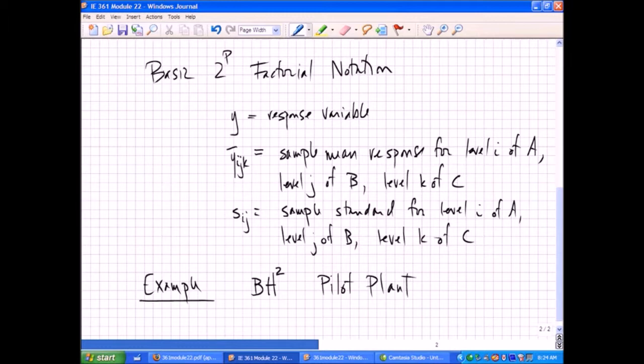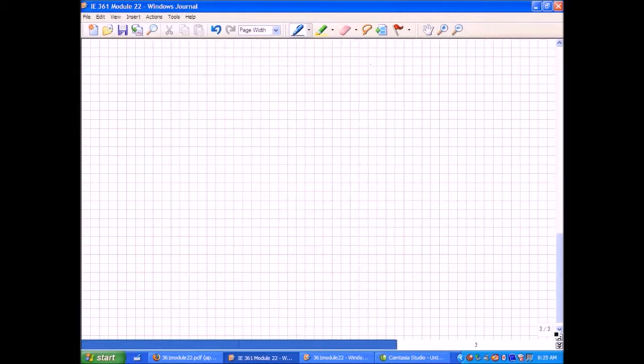The response in this example is a yield, and it's a yield that happened to have been measured in grams, and the factors involved in this experimentation, well, factor A was a temperature, factor B was some kind of a concentration of a reactant, and factor C was which of two catalysts was used.